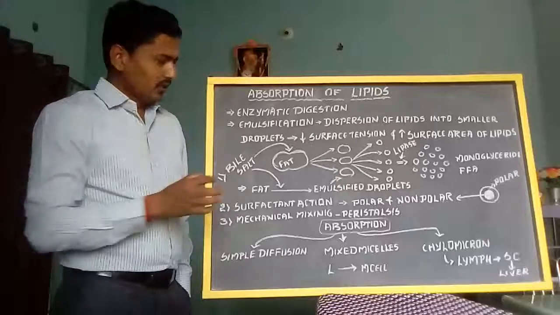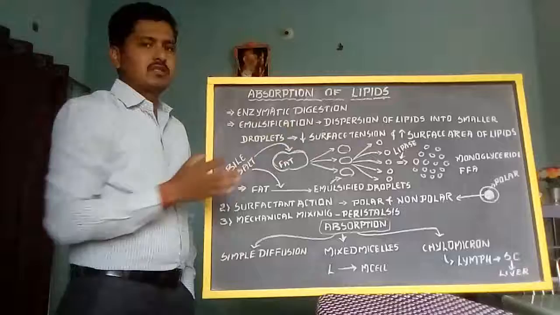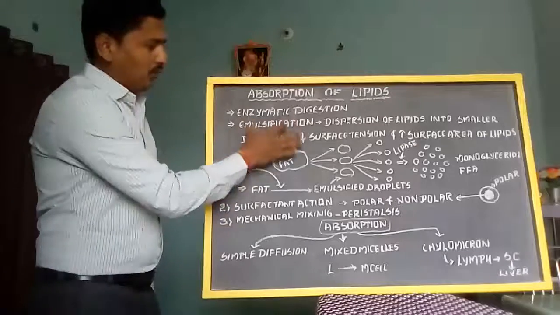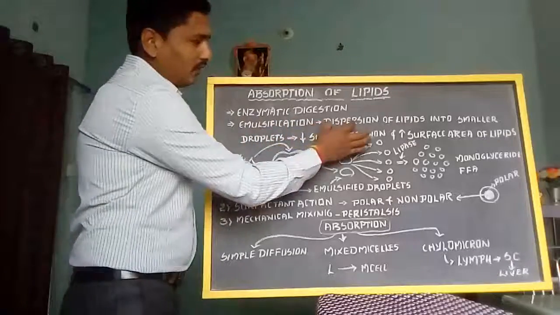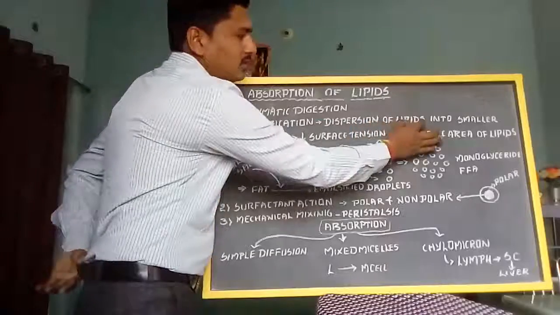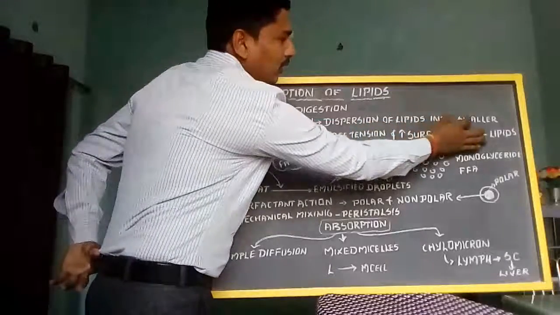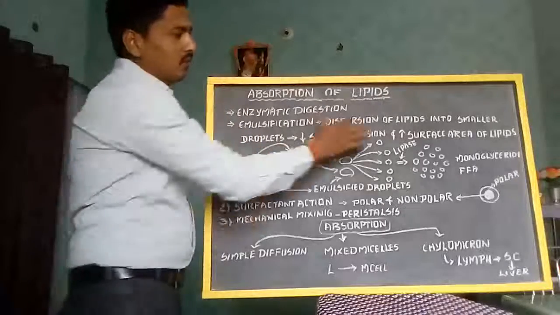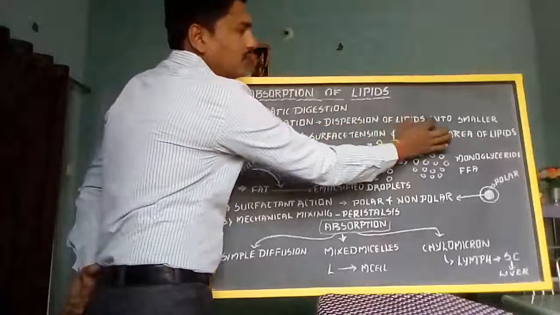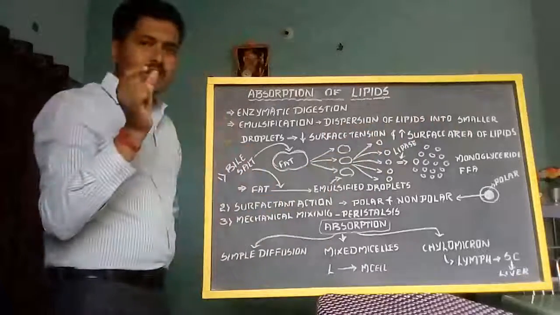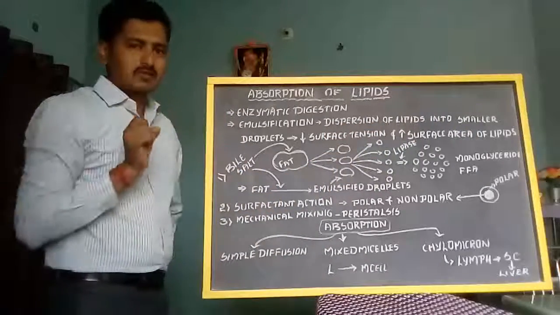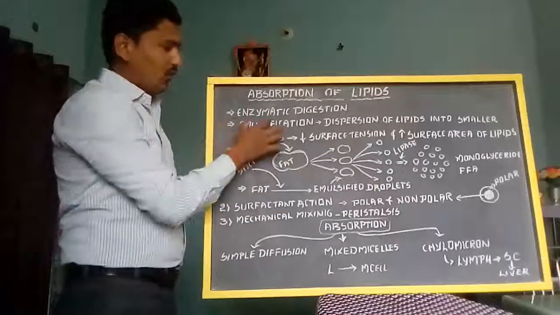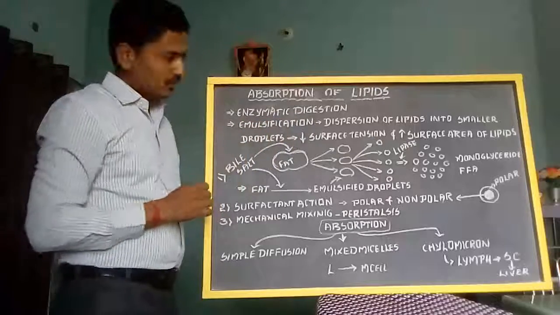Emulsification is the process of dispersion of larger lipid molecules into smaller lipid droplets. That is called a dispersion process.